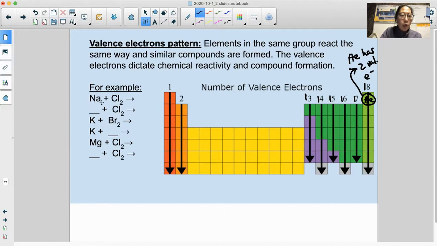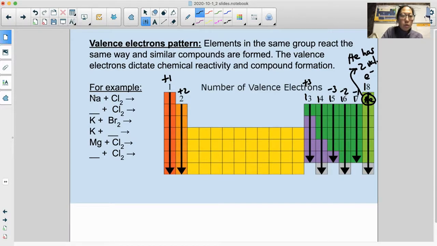So here we have sodium, group 1, chlorine in group 17. Sodium will form an Na plus. Remember all of group 1 forms +1 cations, all of group 2 forms +2. Group 13 is +3. 14 is variable. Then we have 15, -3, -2, -1.